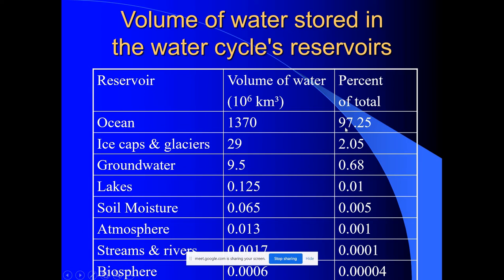Almost 90% of water is in the ocean, and 2.05% is in ice caps and glaciers. Out of the total water, 100%, 97% is found in the ocean, 2% in ice caps, and 0.68% in the form of groundwater.